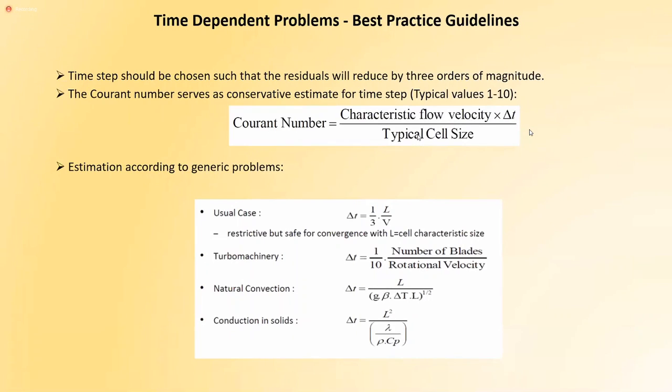It's usually better described as the time it takes the phenomenon to pass that cell. In explicit schemes, there is a really harsh sensitivity to the Courant number.